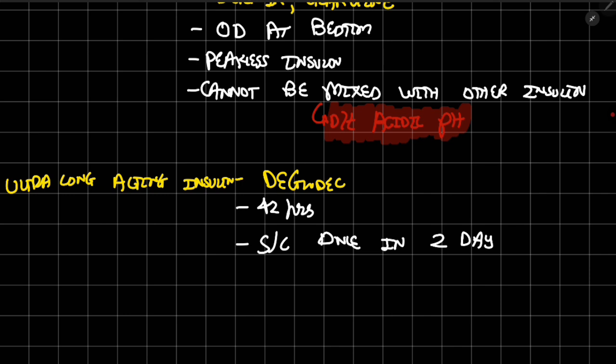And what about hypoglycemic risk? Tell me one thing, if the duration of onset is less, will the hypoglycemic risk be more, or if the duration of onset is more, will the hypoglycemic risk be more? Yes, you are right. If the duration of onset is more, the sudden hypoglycemic risk will be less.